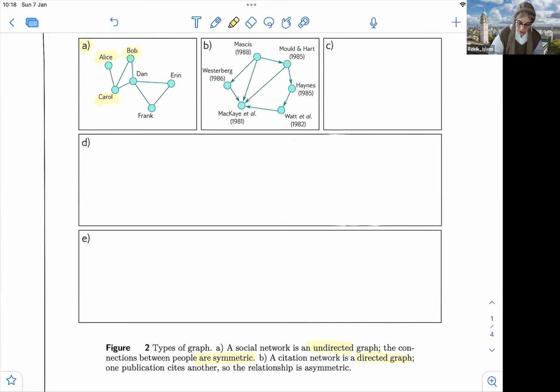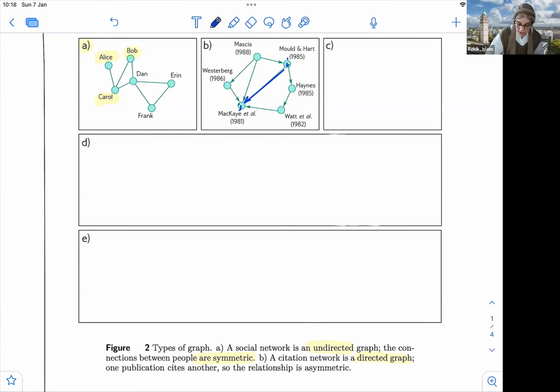A directed graph means that we have one node pointing towards another node, and this directionality is sometimes not symmetric, which means you have only one directional flow of information or connectivity from node I to node J.